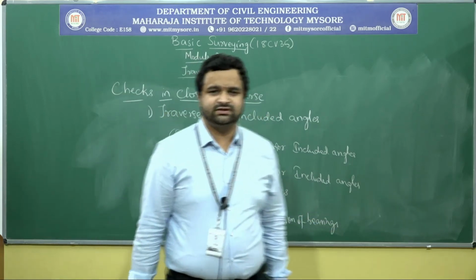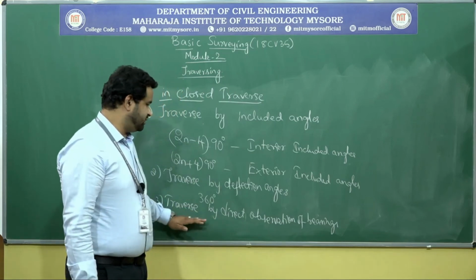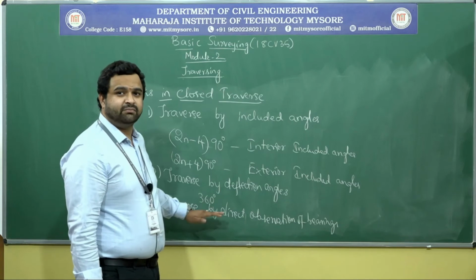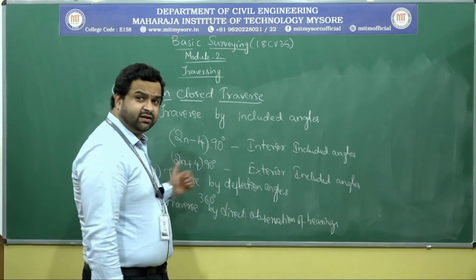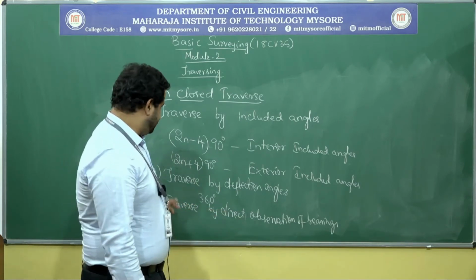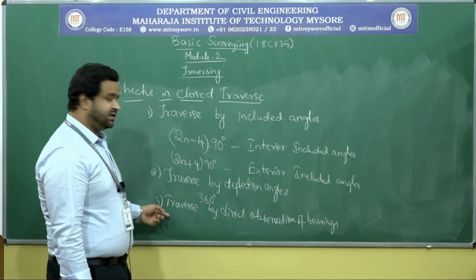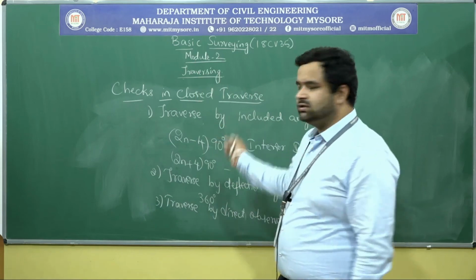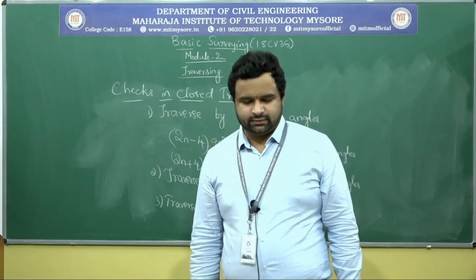Here the forebearing of the last line should be equal to back bearing plus or minus 180 degrees at the initial station. So if that condition is satisfied, then we can say it is a check. So these are the checks that are done in closed traverse. Okay. Next.